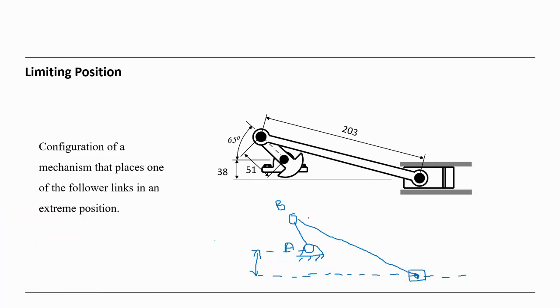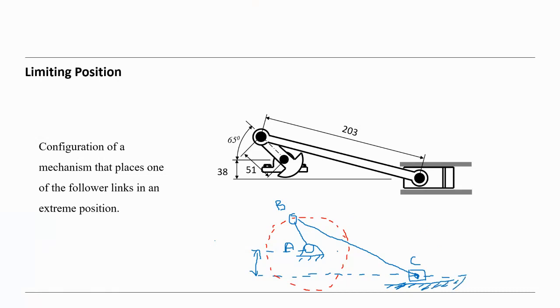We know that AB is rotating around the point A, and the point here, let's say this is the point C, A, B, C. C is making linear motion, like this, on the surface or ground.